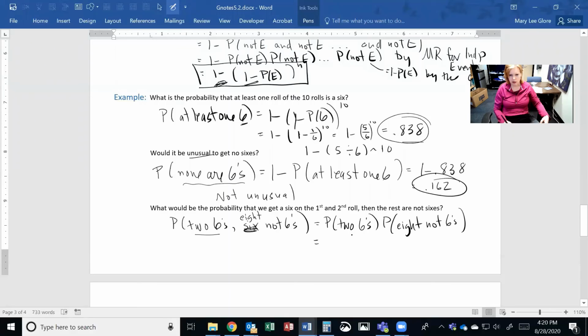So probability of a 6 is 1/6. I got 2 of them, so that's going to be 1/6 squared by the multiplication rule times the probability of 8 not 6s. The probability of not 6 is 5/6, so that's going to be 5/6 to the 8th power.